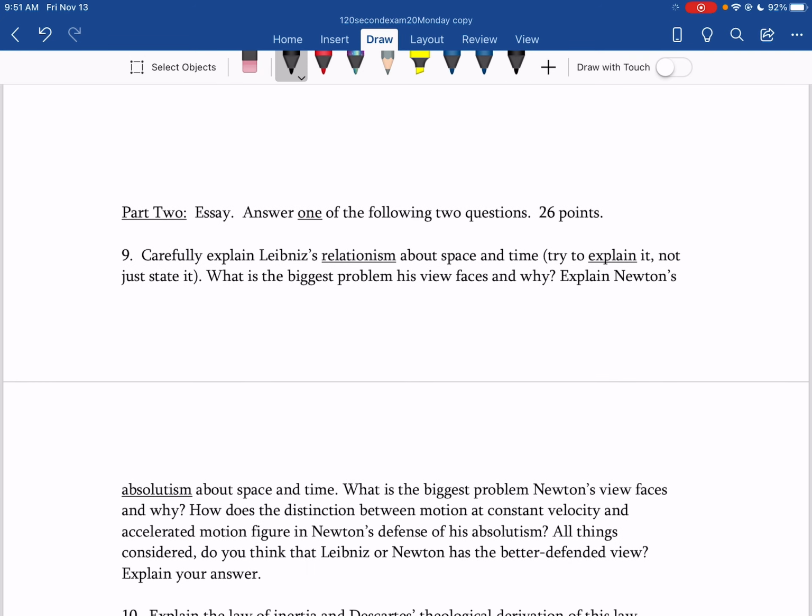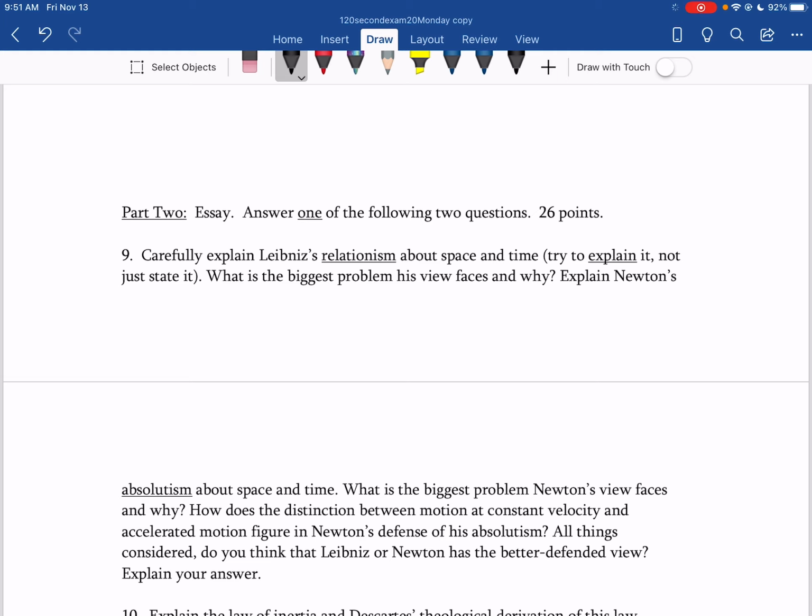Leibniz's relationism about space and time says that space and time are relations or relationships, not things. Cousinhood is not a thing, but it's a real relation in that you either do or don't stand in that relation to various people. Likewise, space consists of spatial relations like distance.